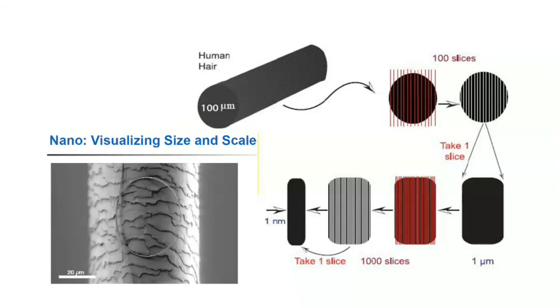So if you take a human hair and make 10,000 slices vertically, then you get one slice which is equivalent to 1 nanometer. So this is how small nano is, you can imagine, with respect to your human hair.